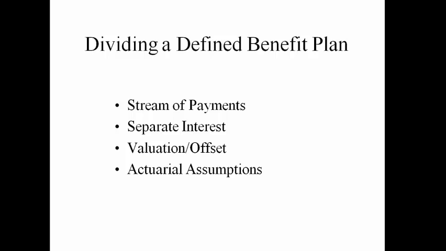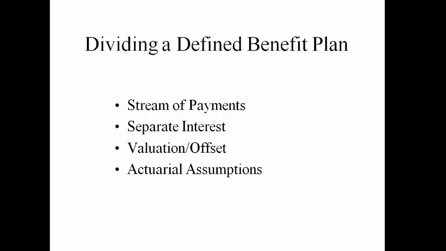The second method is called the separate interest method. Under the separate interest method, we actually calculate the true value of the non-participant spouse's interest in the benefit plan, and we set up a segregated account in the defined benefit plan, and it will be paid at some selected date over the non-participant spouse's life expectancy.